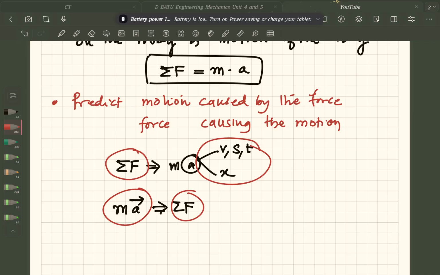Kinematics deals only with the geometry of the motion, and kinetics deals with the forces and their effects on the object, right? So in the next lecture, we'll be dealing with kinematics of the object or a particle, and how we have to calculate it related to rectilinear motion.